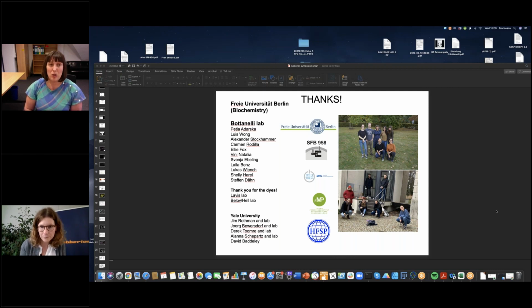But with endogenous expression level, it's always a little bit trickier, and you always have to find the right compromise. For example, sometimes we decide to image at a slower frame rate to be able to catch a longer time frame, because we cannot take as many frames. But we are lucky that some of the endogenously tagged proteins that we have are actually quite abundant.